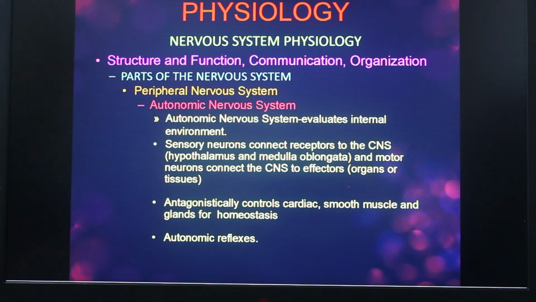The autonomic nervous system antagonistically controls the cardiac muscle, smooth muscle, and glands for homeostasis, and it also has some autonomic reflexes.